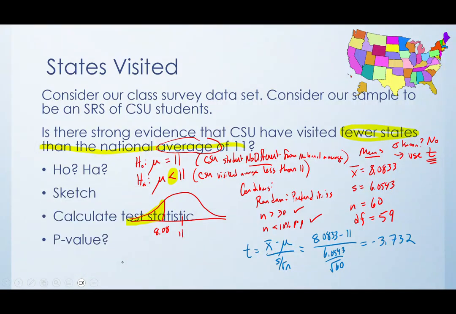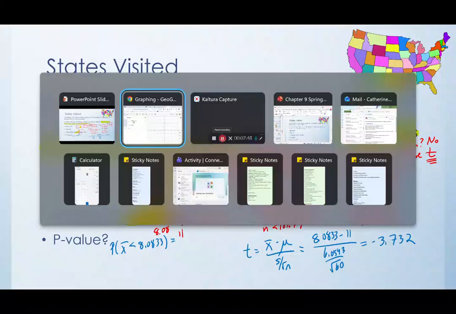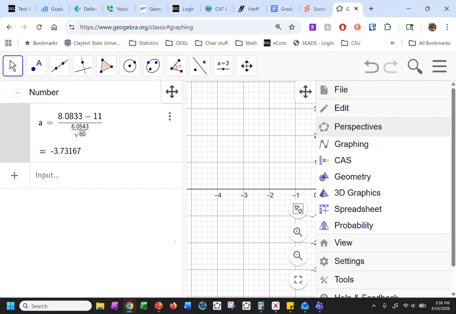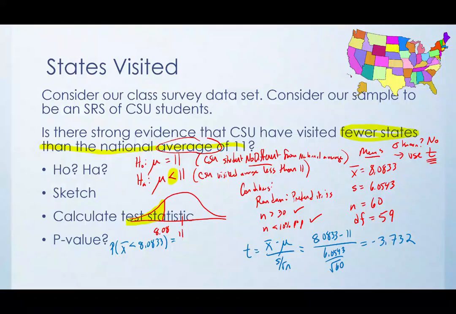All right, now we got to figure out our p-value, right? What is our probability of getting a sample mean less than what we got, 8.0833? And we're going to have to go back to GeoGebra and look up our t-score. All right, so 3.73, is that what I wrote? Yes, 3.732.